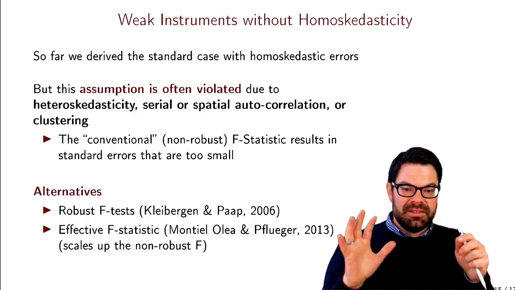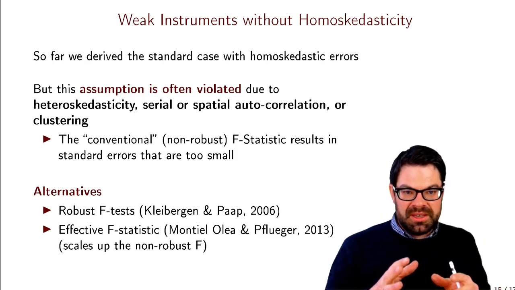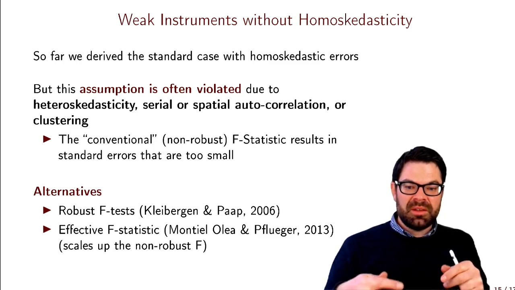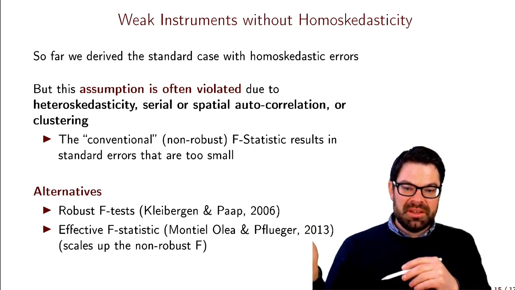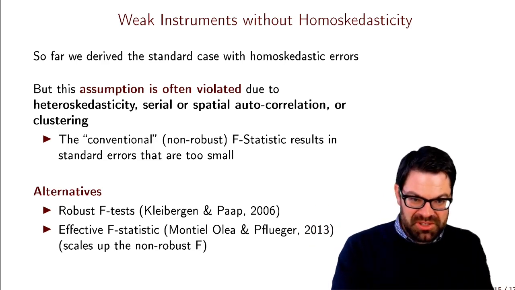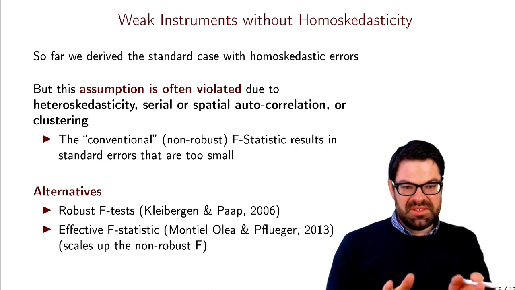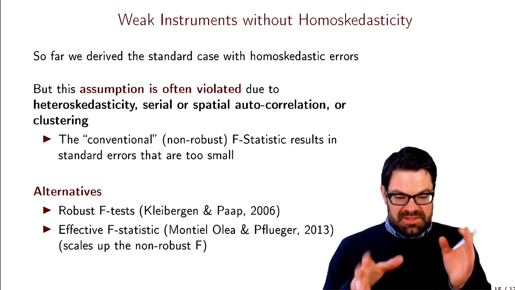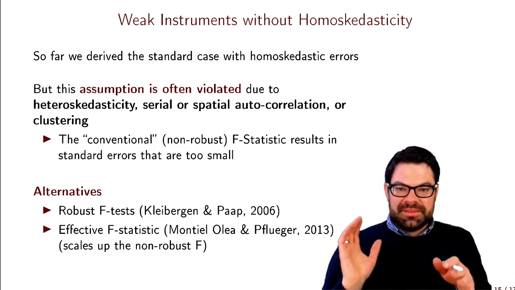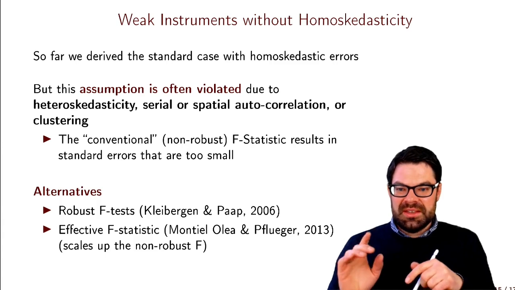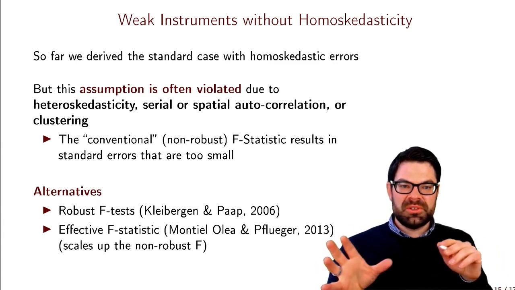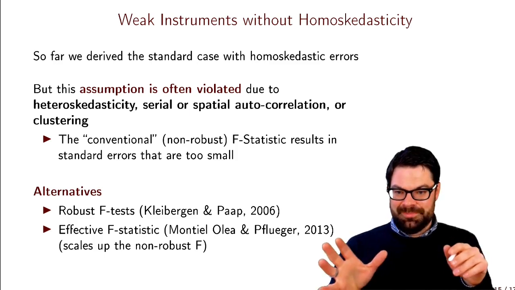Another thing that you need to be aware of is that a lot of the traditional tests for weak IVs, also the Kleibergen-Paap tests, apologies, not the Kleibergen-Paap, but the conventional F statistic that your statistical software spits out when you run an IV regression, does not account for things such as heteroscedasticity or autocorrelation, be it serial or spatial, or clustering.